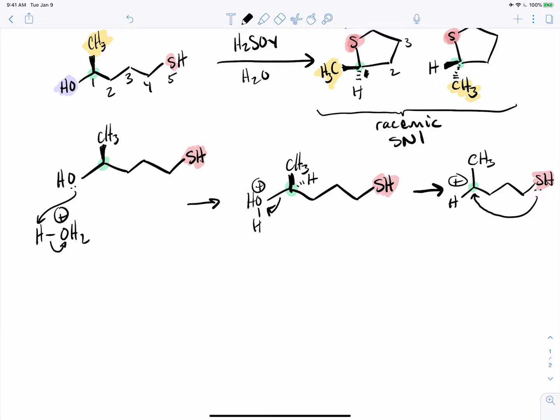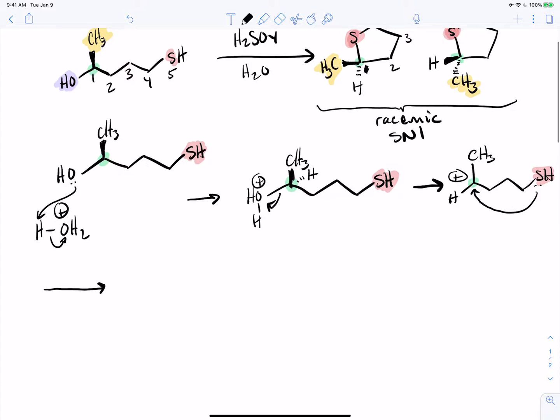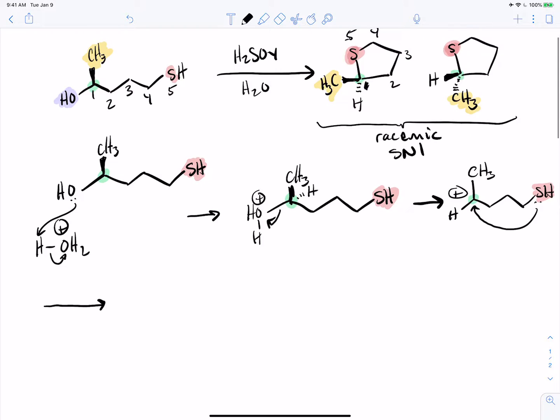So you note I moved my positive charge because I wanted to show that the electrons from the sulfur are actually connecting into the carbon atom. They're not attacking the positive charge. That's a really common mistake. So if that's the way you've been drawing it in your notes, make sure that you correct that. But so if it attacks from the top, I'll get one isomer. And if it attacks from the bottom, I'll get the other isomer.